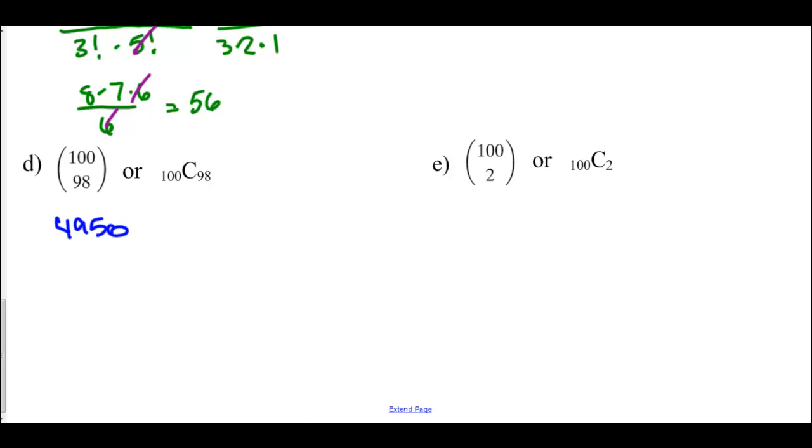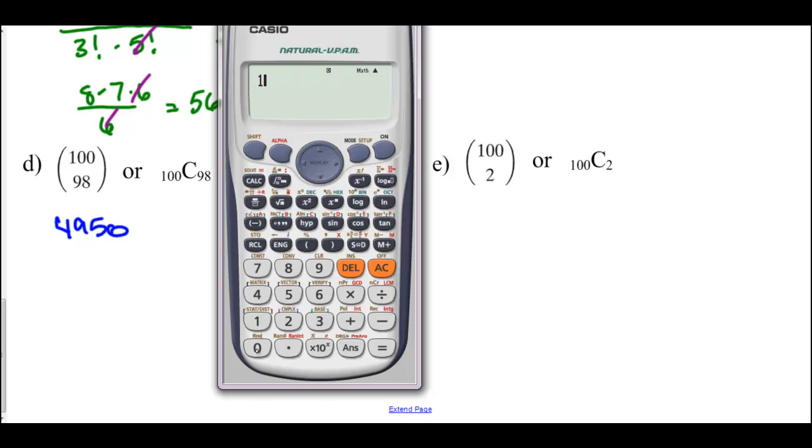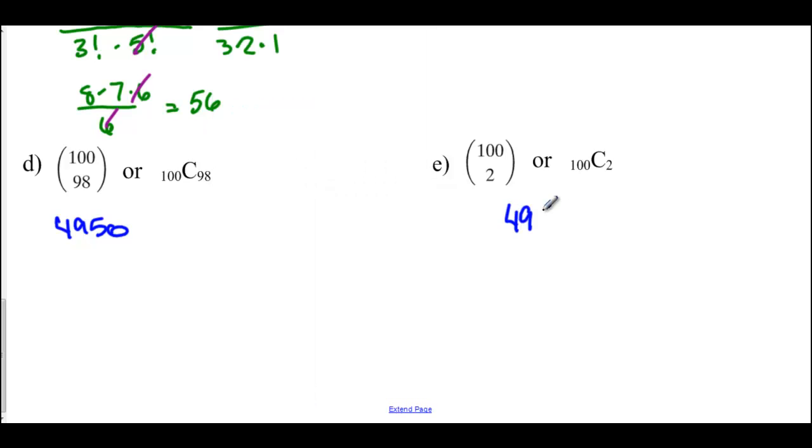And then we're going to do 100 choose 2, and same thing, 4,950. Yep, all right. So this page is okay. You hope for lots of those.